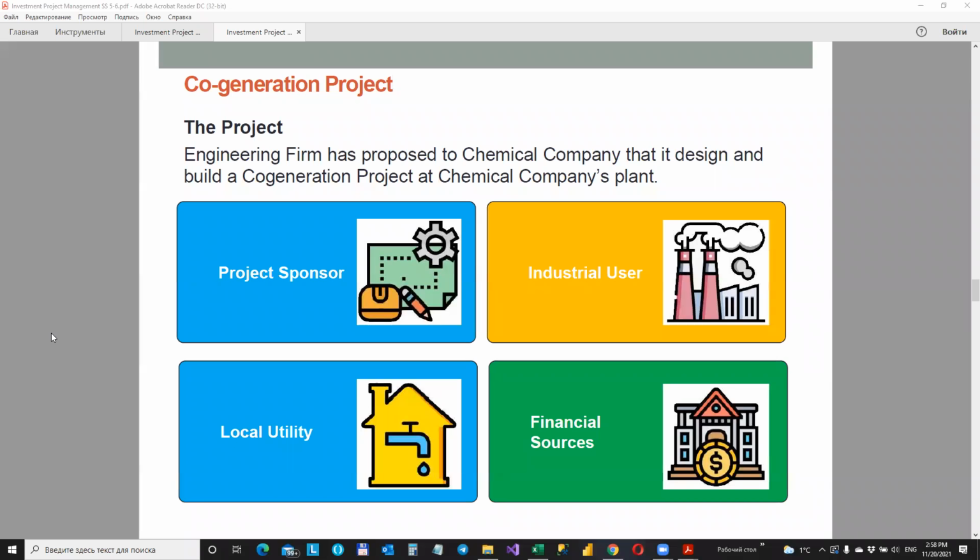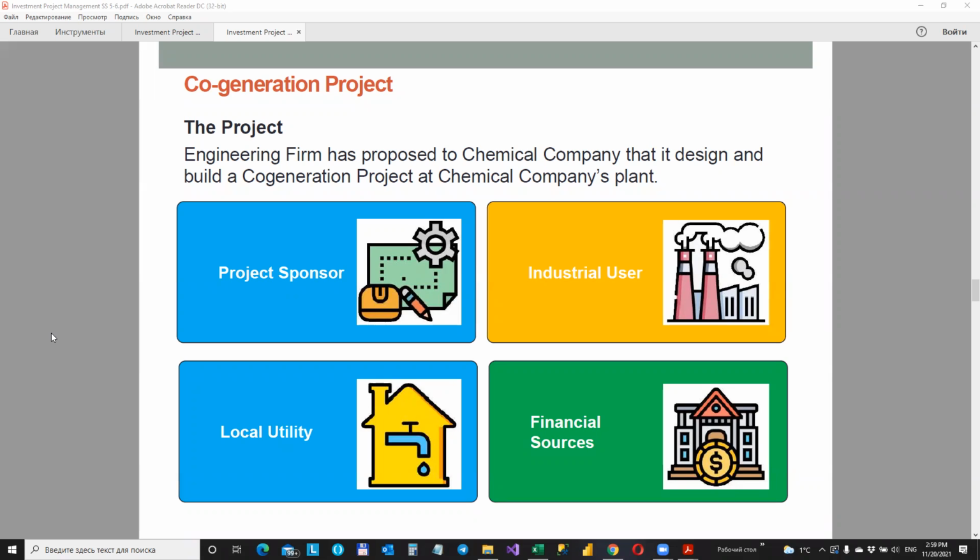Co-generation involves the production of steam, which is used subsequently to generate electricity and to provide heat. In this sense, the two forms of energy, electricity and heat, are co-generated. The owners of a co-generation facility may use some of the electricity themselves.